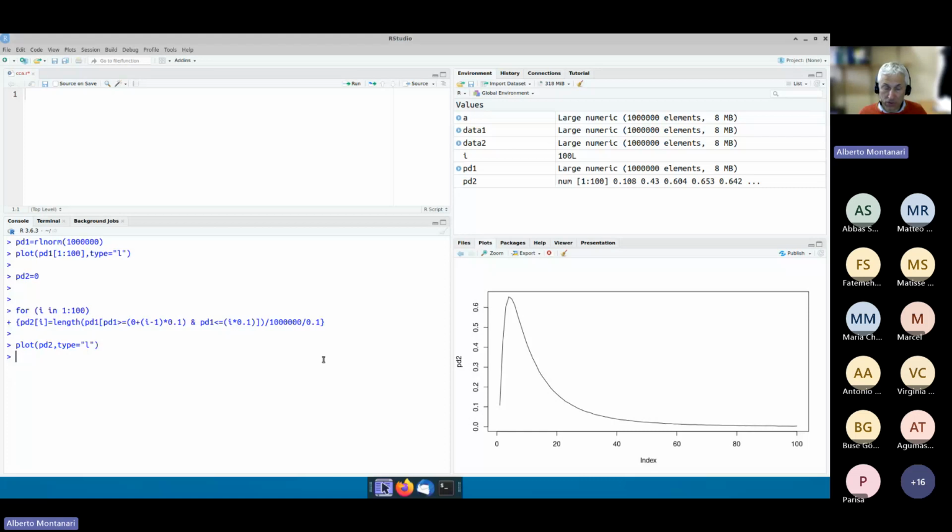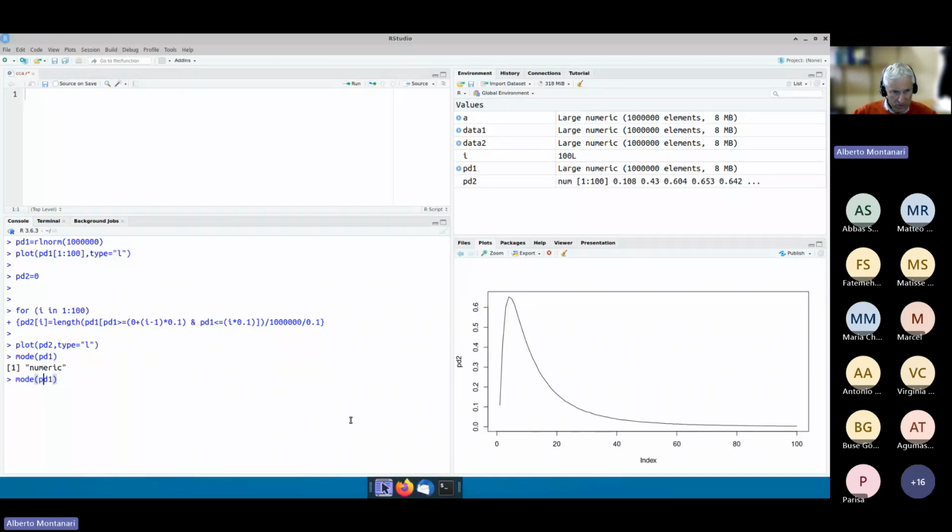There is a function in R which allows us to compute the value with the highest probability. Let me see if I remember it. Mod PD1. Let's see. I'm not sure. It's not mod, the function.